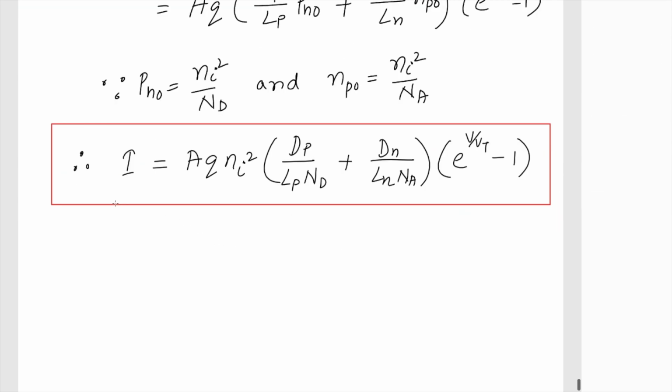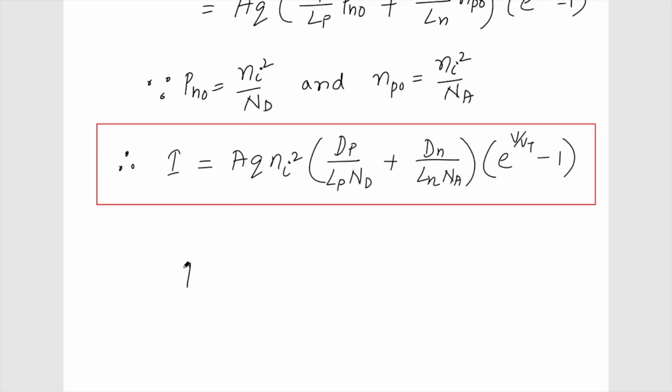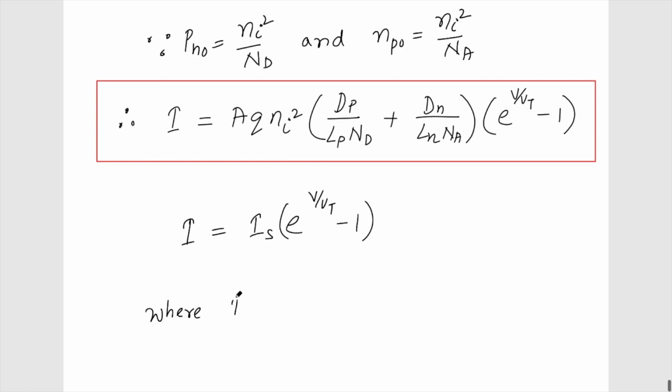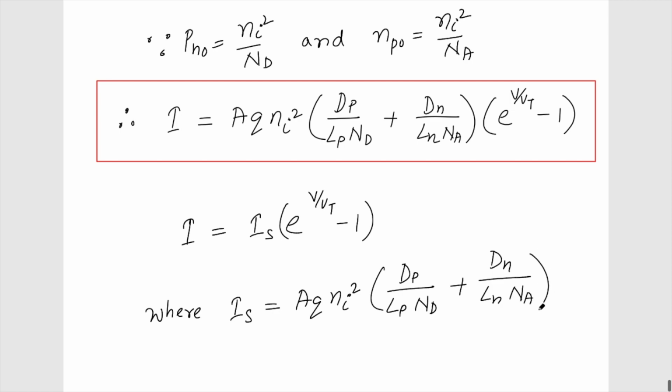So this is my final expression of the diode current. This term is called the IS term. So I can write I is equal to IS into e power V by VT minus 1, where IS is equal to A q ni squared times the bracketed term.